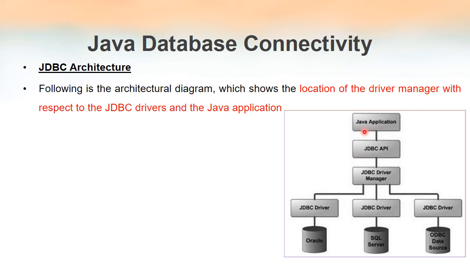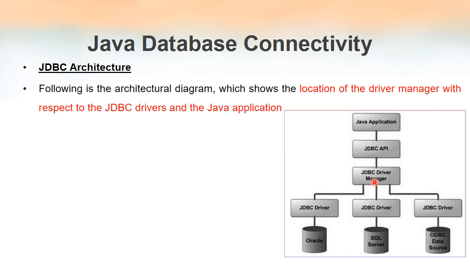If our program is trying to access Oracle, it has to use the JDBC driver of Oracle. If our program is trying to access SQL, it has to use the JDBC driver of the SQL database. Which database driver we have to use is determined by the JDBC driver manager.